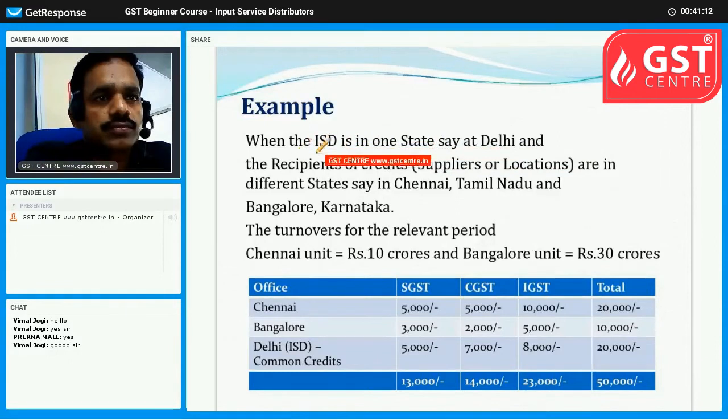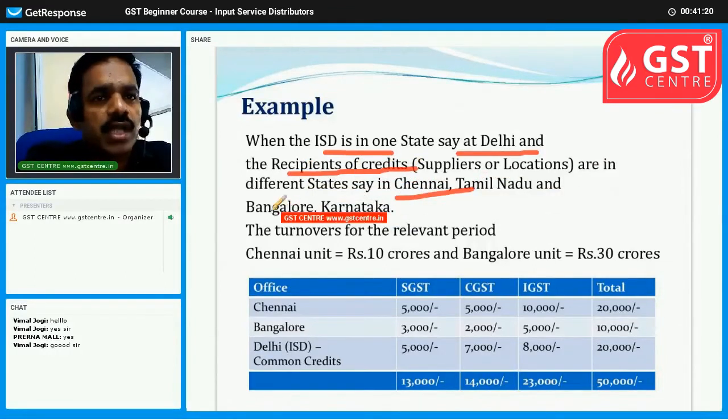In this case, the ISD is in one state, say Delhi, and the recipients of credits are in Chennai and Bangalore. Let us take this example.